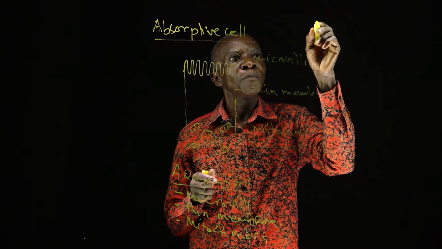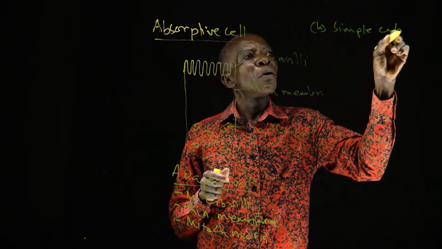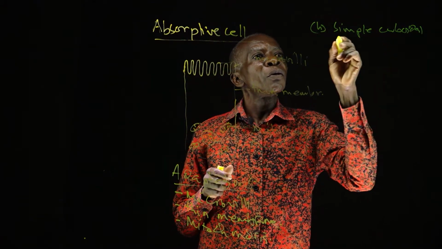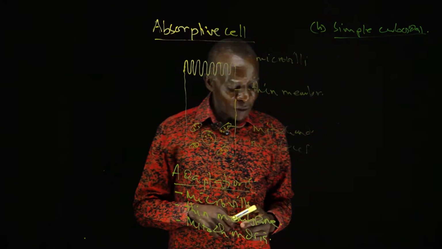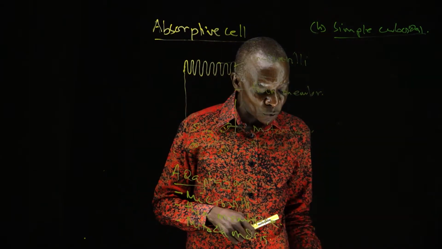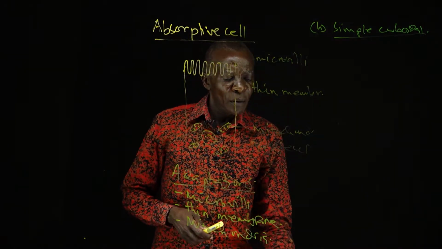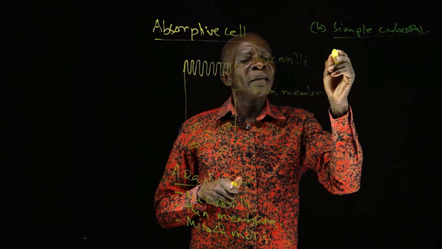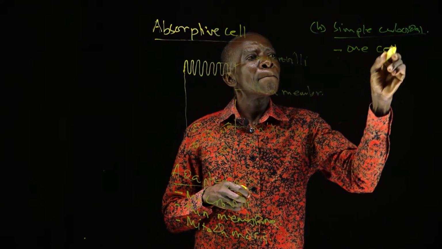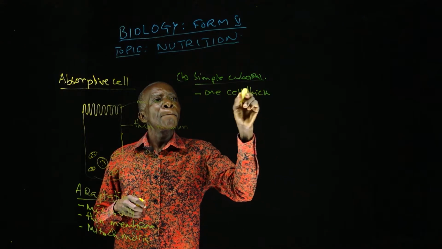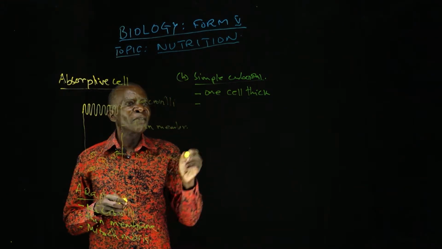The second one is simple cuboidal epithelial tissue. This simple cuboidal epithelial tissue, again, is one cell thick, and the cells are cube-like.